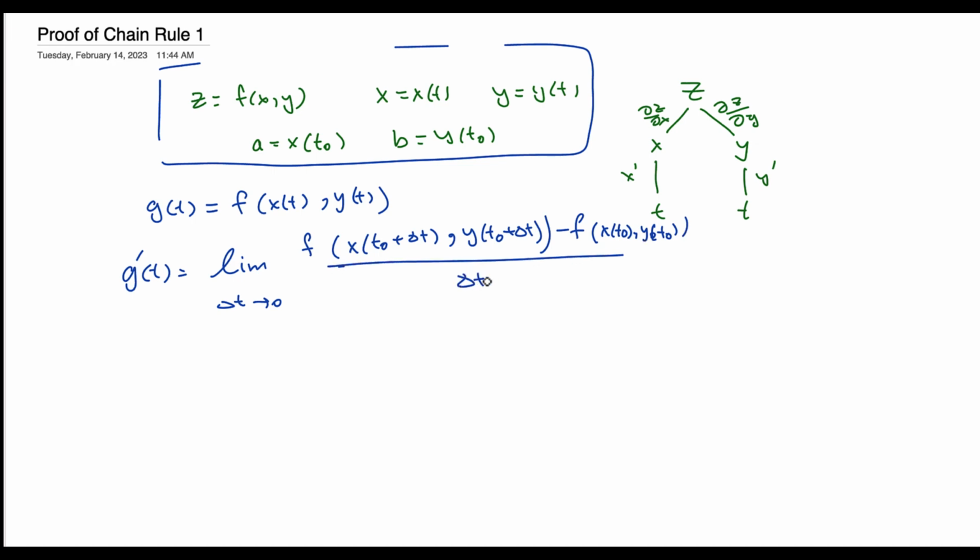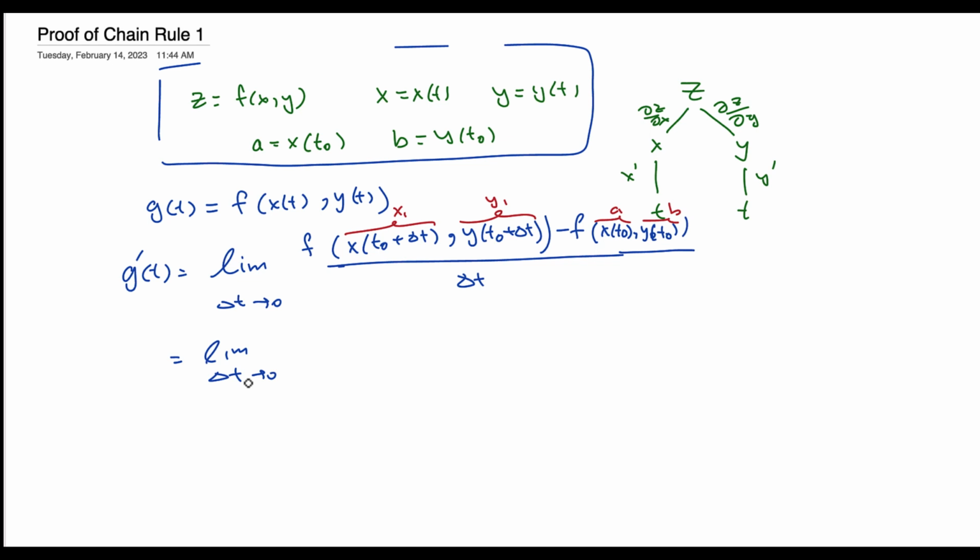over delta t. It seems like a lot of writing at this point. I kind of want to make it a little bit more comfortable for me. So what I'm going to do is replace this part by a and b. And let's name something: x at t0 plus delta t, let's make it x1, and that one y1. So now I feel like I can do a little bit better when I have the linearization working in here for me.